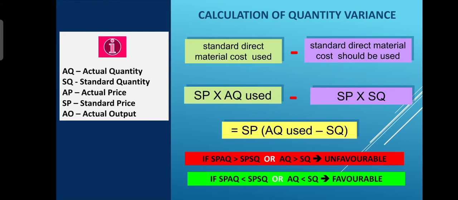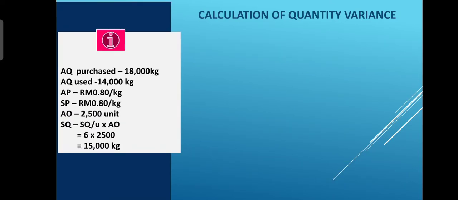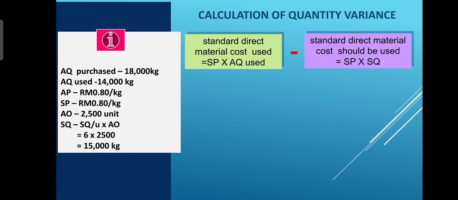If the AQ is more than SQ, you will get unfavorable variance. And if the AQ is less than SQ, you will get quantity variance favorable. Let's calculate the quantity variance based on the same question given to you just now. The formula is SP times AQ used minus SP times SQ.